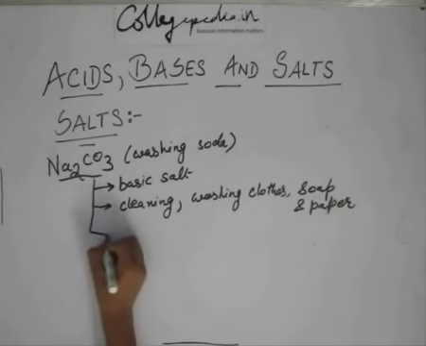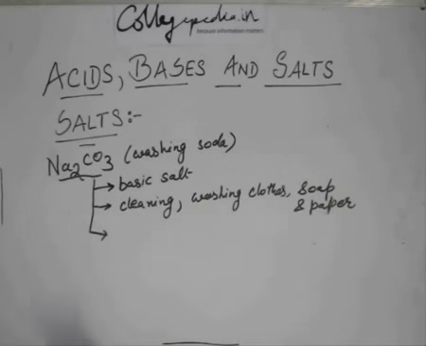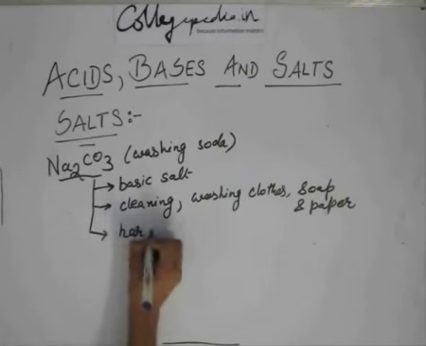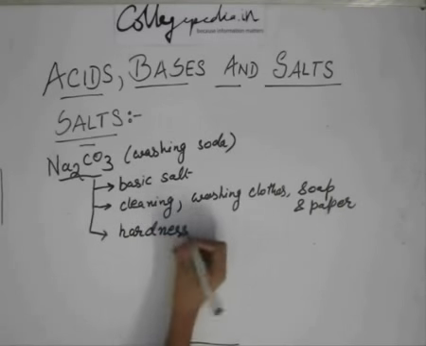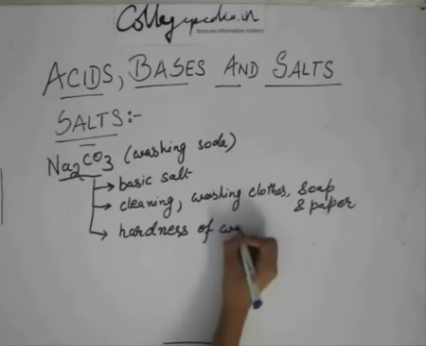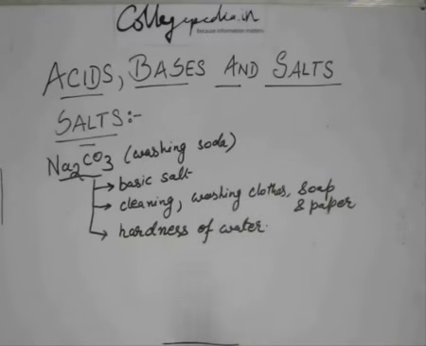Apart from that, it is used in removing the hardness of water. Hard water means that it has calcium and magnesium ions present in it due to the calcium and magnesium salts present in the water. When you put soap in hard water, it does not work because these calcium and magnesium ions will react with the soap and not let the soap work.